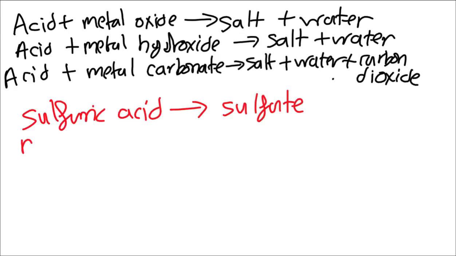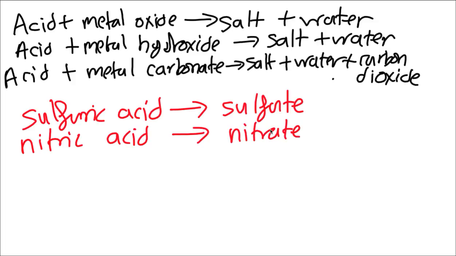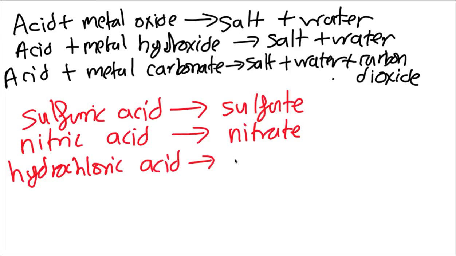If I took nitric acid, I will produce a nitrate, and if I took hydrochloric acid, I would have produced a chloride.